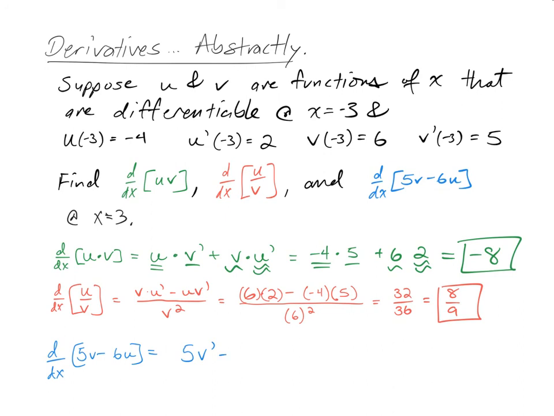So that would be that minus 6u prime. And that equals, let's see, v prime at -3 is 5, so this is 5 times 5, minus 6 times u prime at -3 is 2. So this gives you 13.